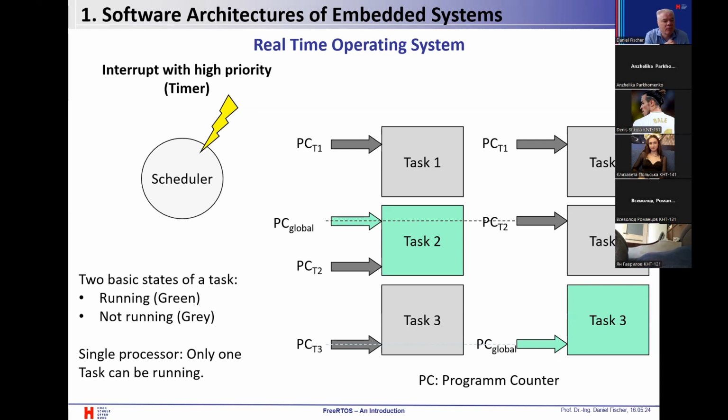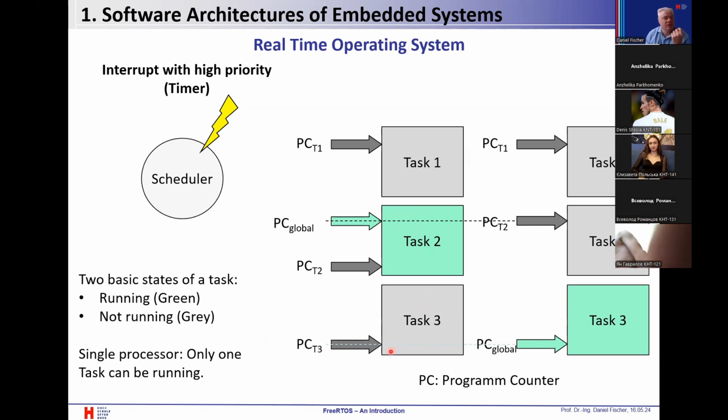It's very simple, you will see later. A task is only a function with an endless loop. And you have maybe 3 different tasks. And we have only one processor. That means only one task can run. This is the green one here. The green one is running.